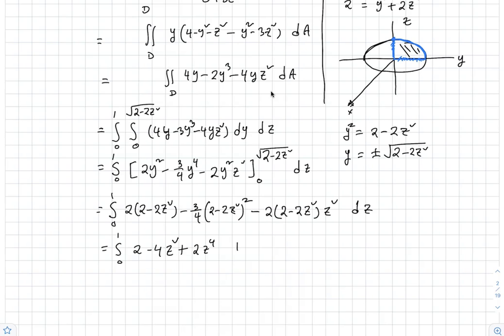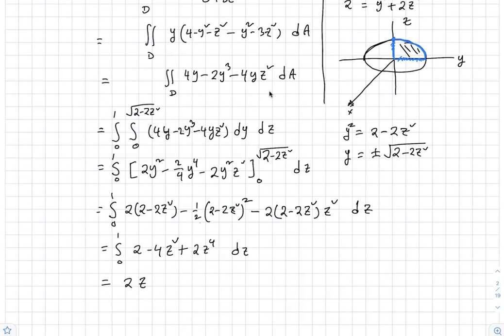If you can't work it out using mental math, I square that. 2 square is 4. 4 by 2 is 2. So that will be a negative 2. 4 minus 2 is 2, and so on. So you can have this expression. Okay, so now this is a simple integral that we can solve.